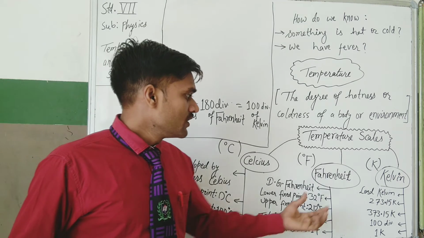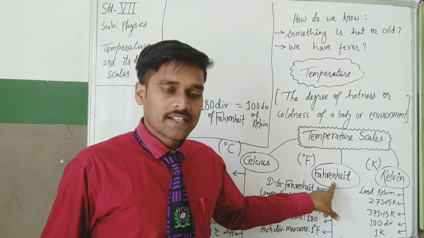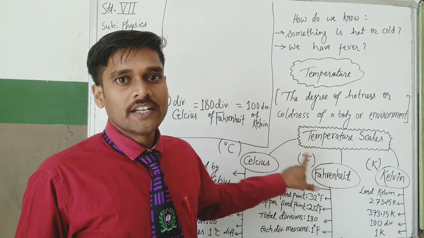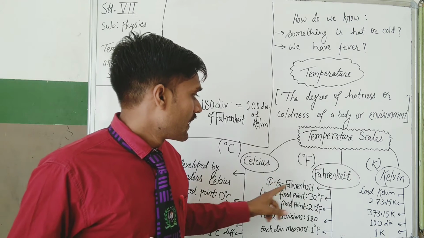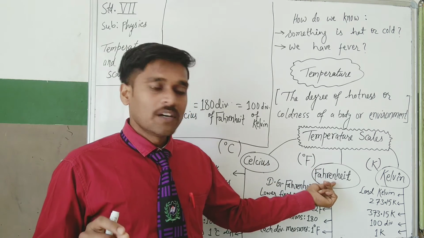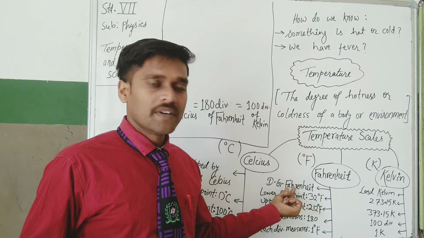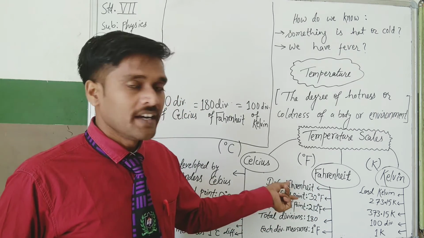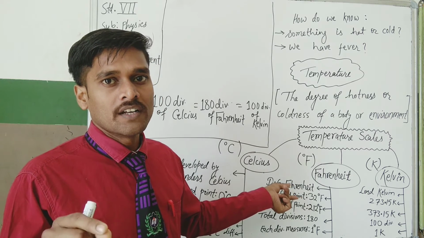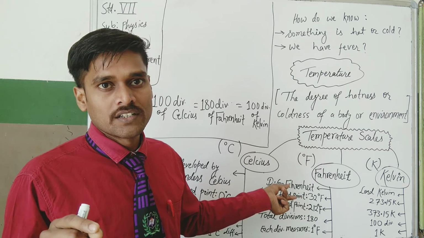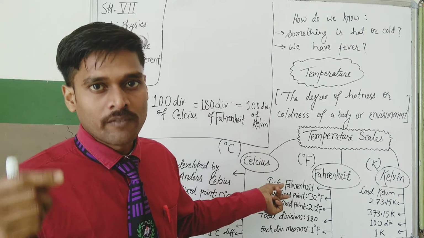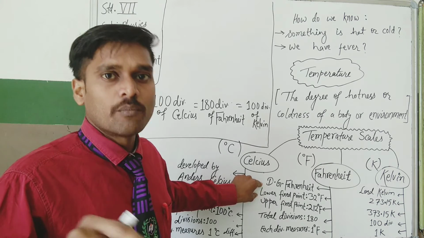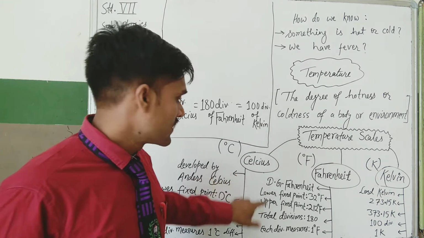Now come to the second scale, which is the Fahrenheit scale. In the Fahrenheit scale, the temperature is measured in degree Fahrenheit. This scale was developed by Daniel Gabriel Fahrenheit, and its lower fixed point is also based on the melting point of water, when it is in the form of ice, or you can say the freezing point of water when it is in liquid state.